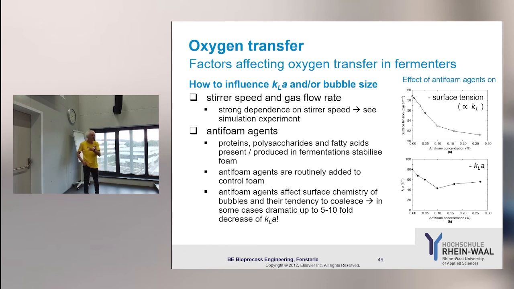And if in your case you need a lot of antifoam because the microorganisms produce polymeric substances stabilizing foam, then it could be that you kick down your KLA value substantially. So at the end, you are way away from what you had at the beginning.